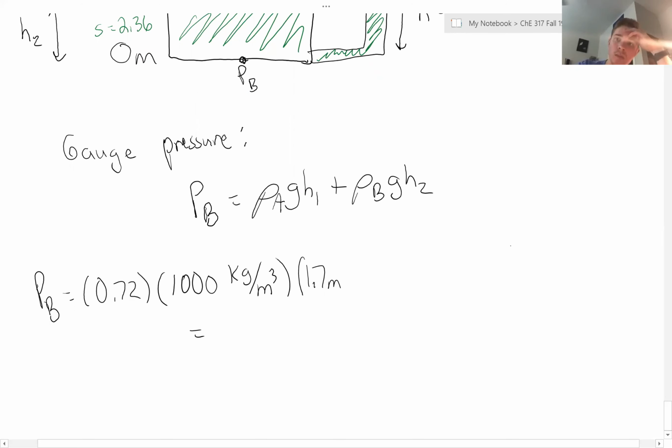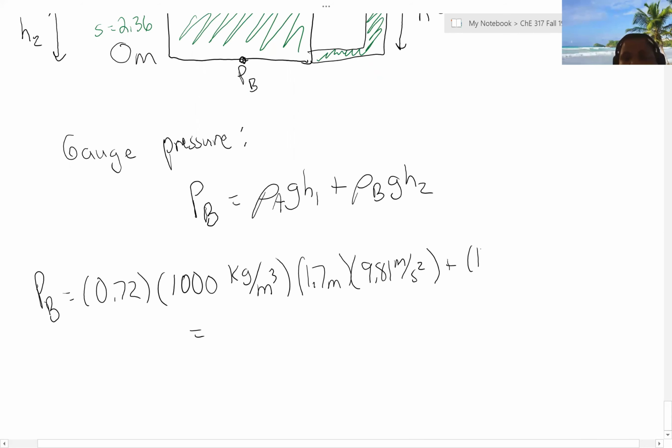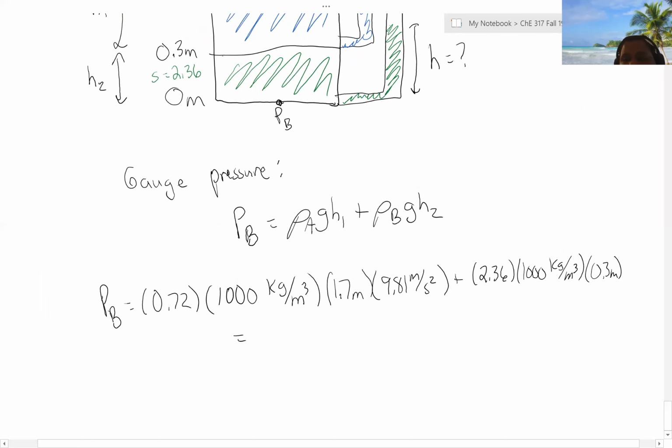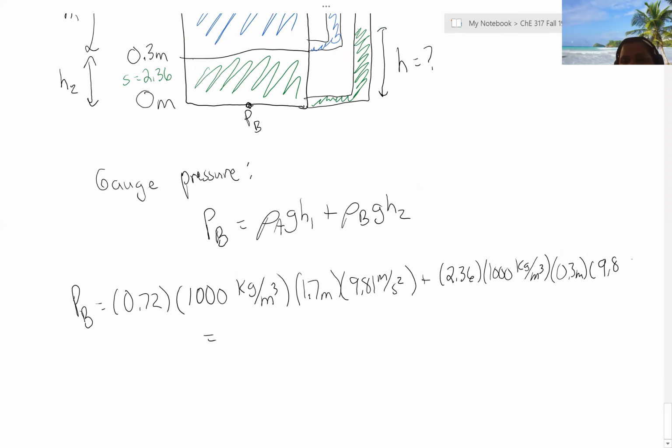I said I knew this number seemed small. 9.81 meters per second squared. Let's see, this was 2.36 times 1,000 kilograms per cubic meter, 0.3 meters, and 9.81 meters per second squared.